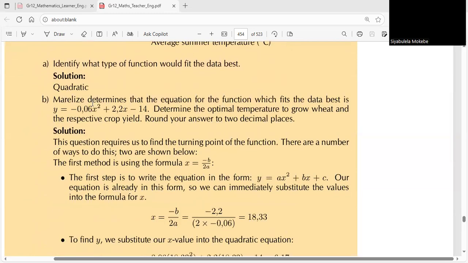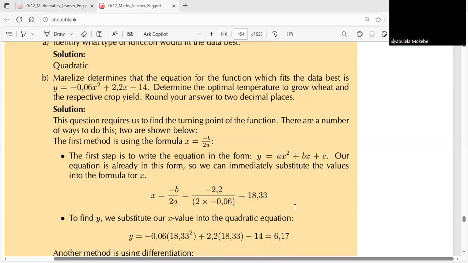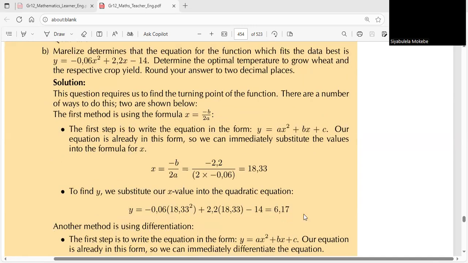Since this is quadratic, we find the equation of the axis of symmetry because it gives you the x coordinate of the turning point. And then once you get that, you substitute into your equation to get the y coordinate.